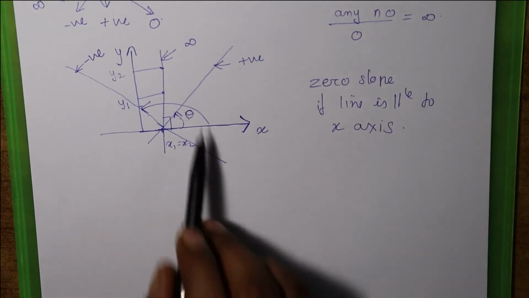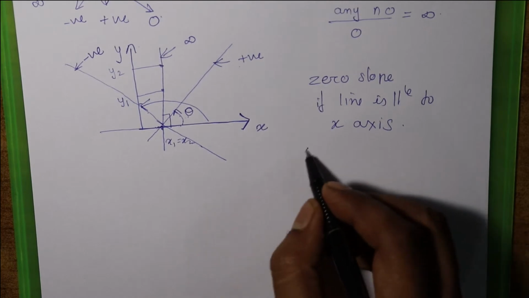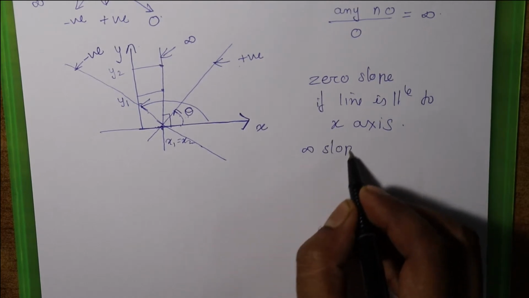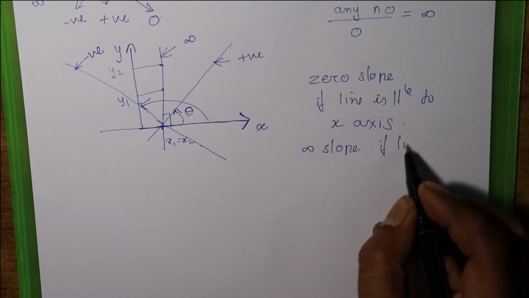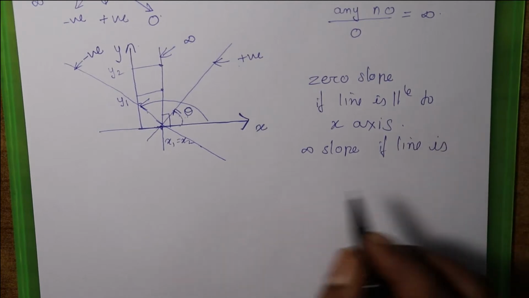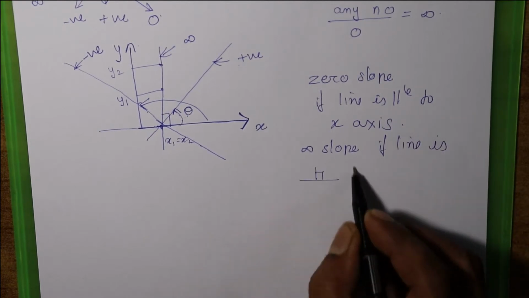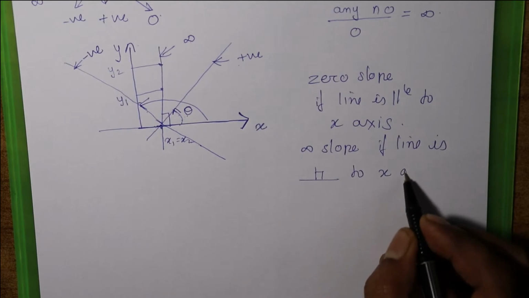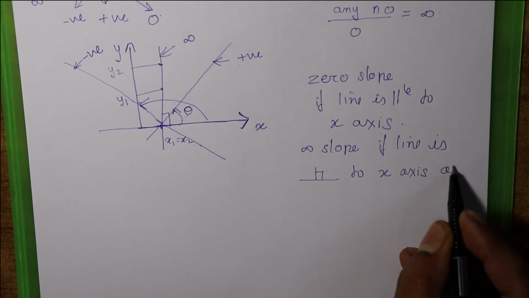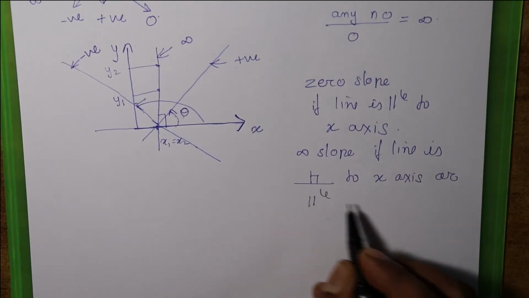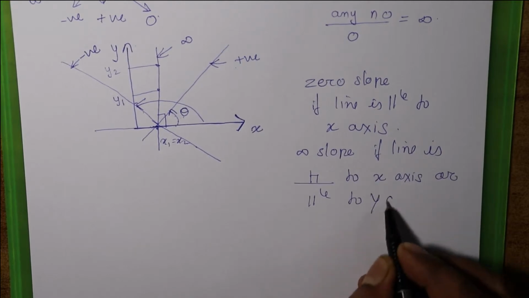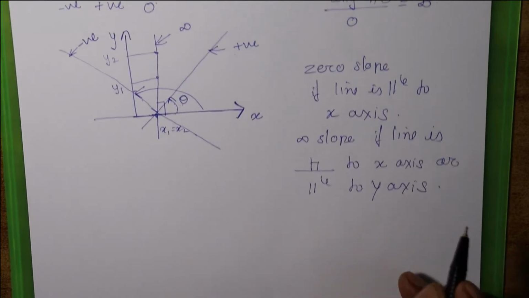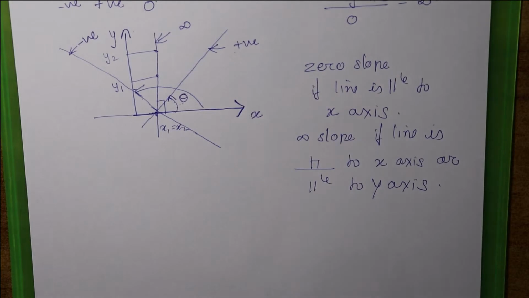Or we can call it infinite slope if the line is perpendicular to the x-axis or parallel to the y-axis. Okay, so now we see what exactly will be the slope of parallel lines and the slope of perpendicular lines.